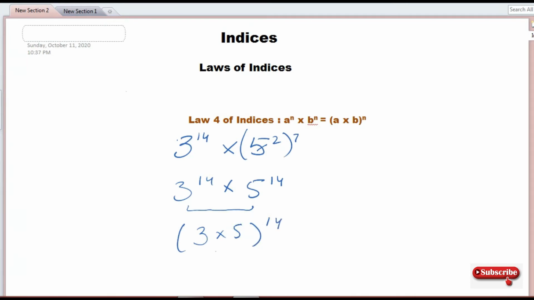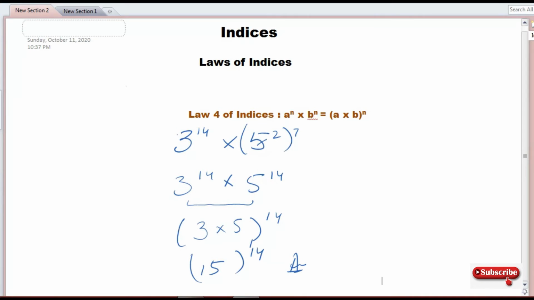We just take power as common. Now we simply say 3 5s are 15 whole power 14. This is the simple solution of this question. I hope it is clear.